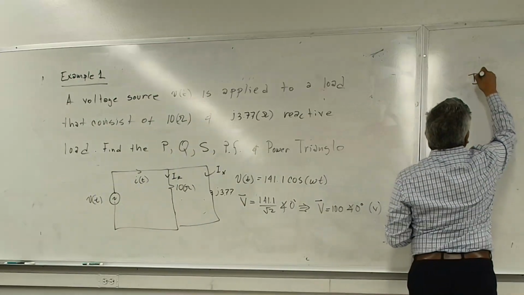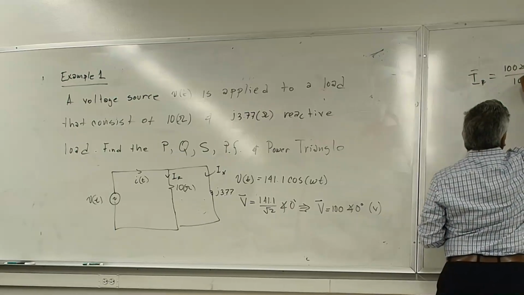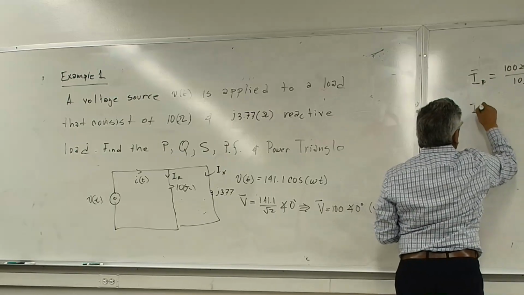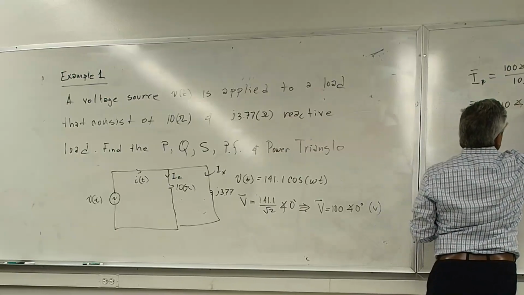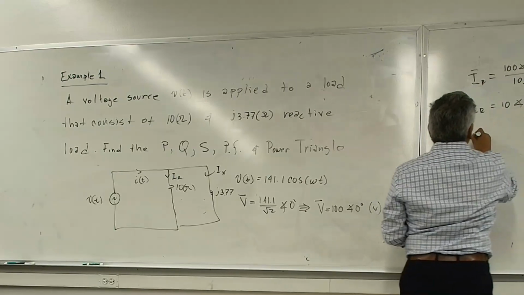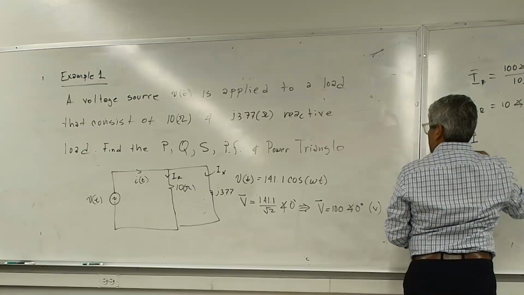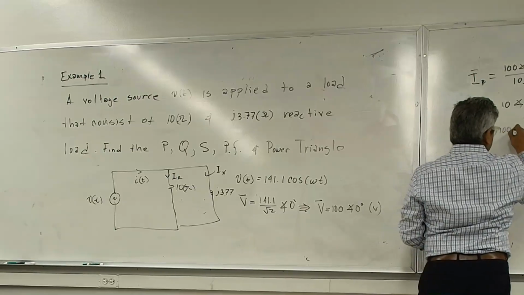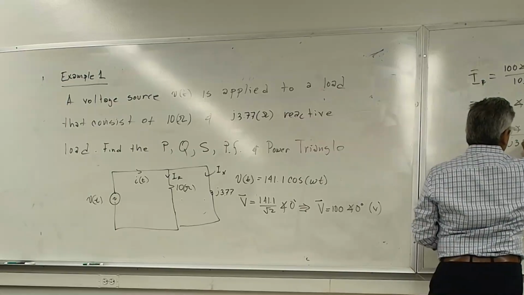So I R is 100 volts at angle 0 degrees divided by 10 ohms, and we came up with I R equal to 10 angle 0 amps. Volts, I'm sorry, amps. That's the first phasor. The second one is the current flowing through the inductor, Ix, equal to 100 volts, the same voltage across the inductor, divided by j 3.77 ohms.